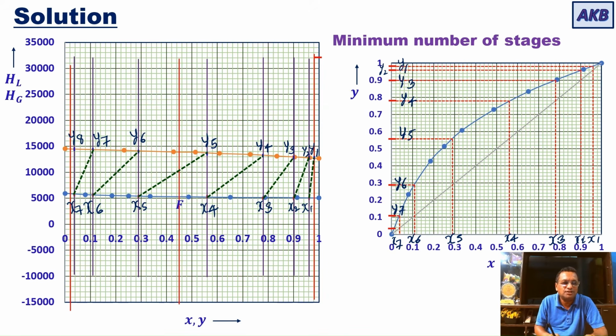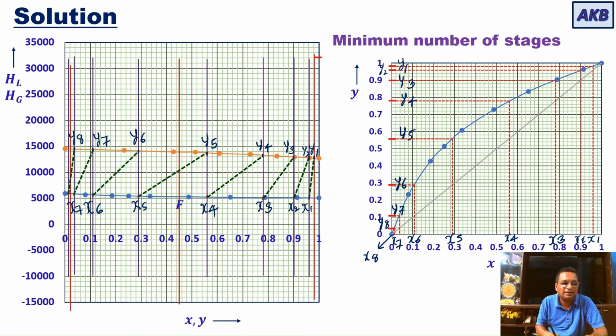So that is 0.04. So this is y8 and get the corresponding x8. x8 comes out to be 0.01. So locate that, draw a vertical line and then connect.